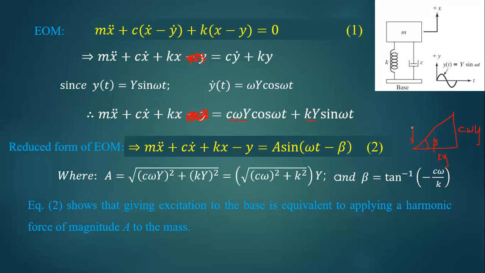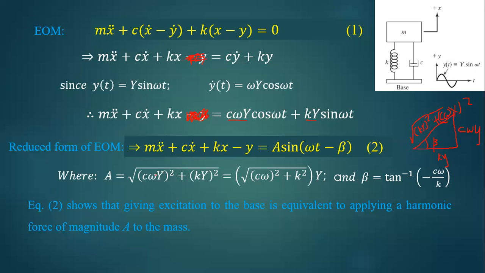This term is equal to (k Y) squared plus (c omega Y) squared. This is the hypotenuse.